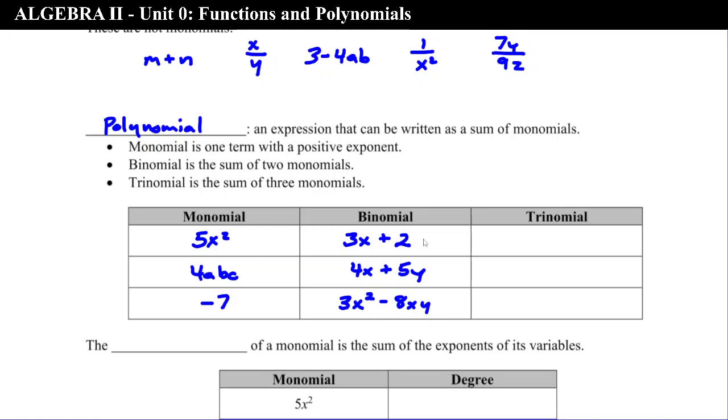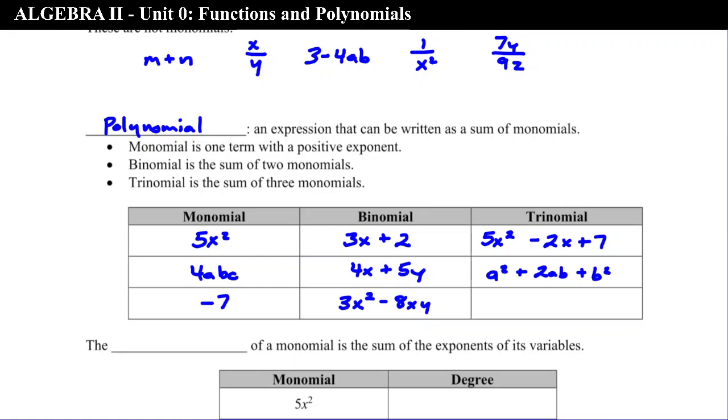And then a trinomial, as you would expect, has three terms. Okay, so we've got 5x squared minus 2x plus 7. That is a trinomial, and you may recognize that as a quadratic. We have a squared plus 2ab plus b squared, and that is a trinomial.